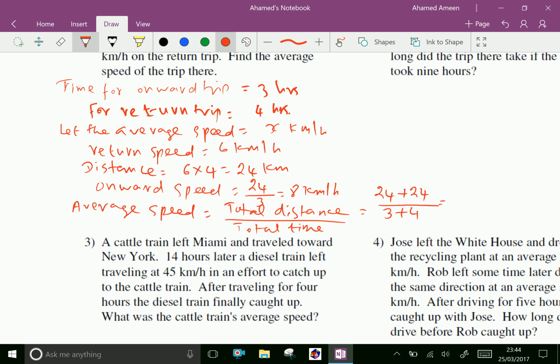That is 24 plus 24 is 48 over 7, which is equal to 6 6/7 km per hour.